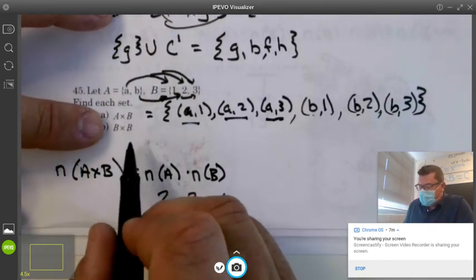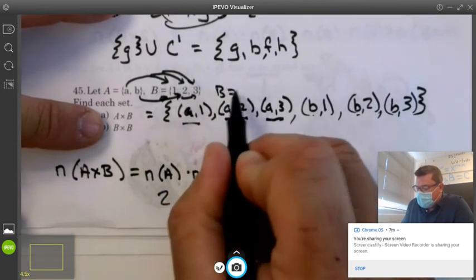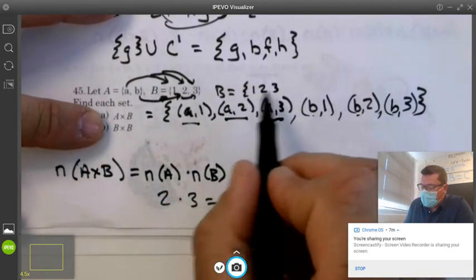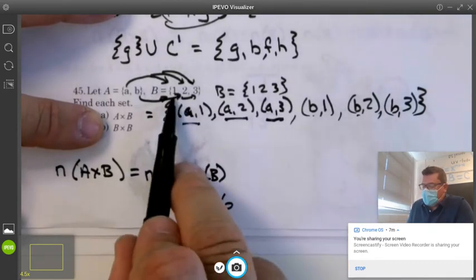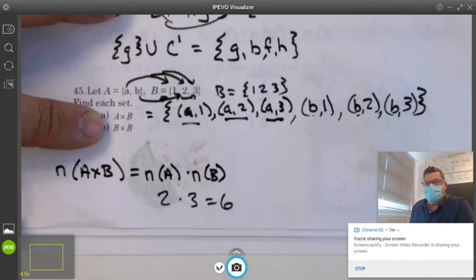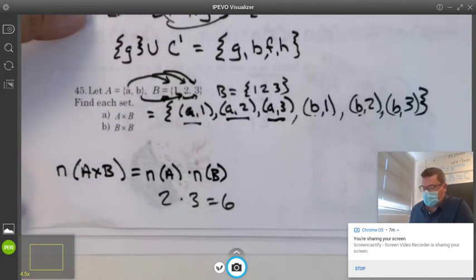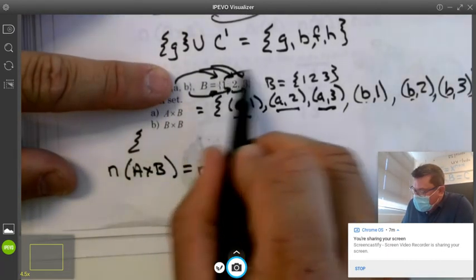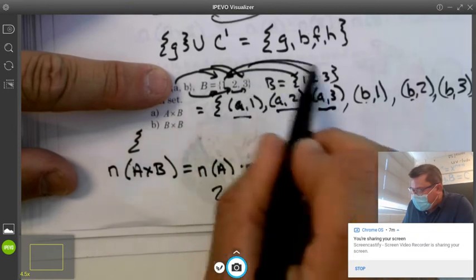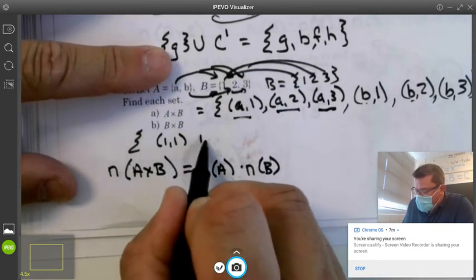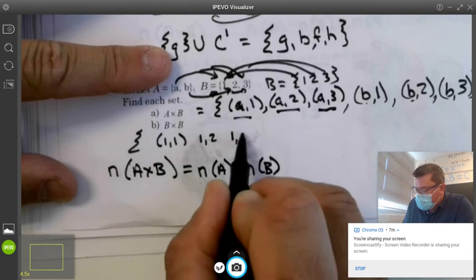Let's cross B with itself. So we're going to cross 1, 2, 3 with 1, 2, 3. There are 3 elements in B. There's 3 elements in B. How many ordered pairs can we expect to get? 9, here it goes. We're going to pair up. 1 pairs with itself, 2 and 3.